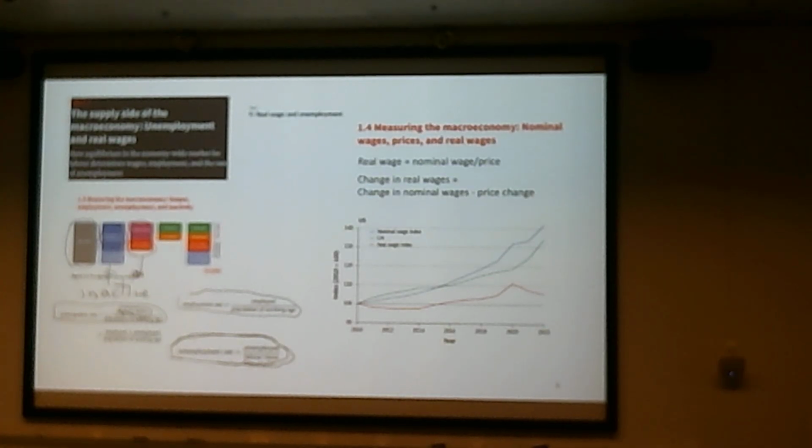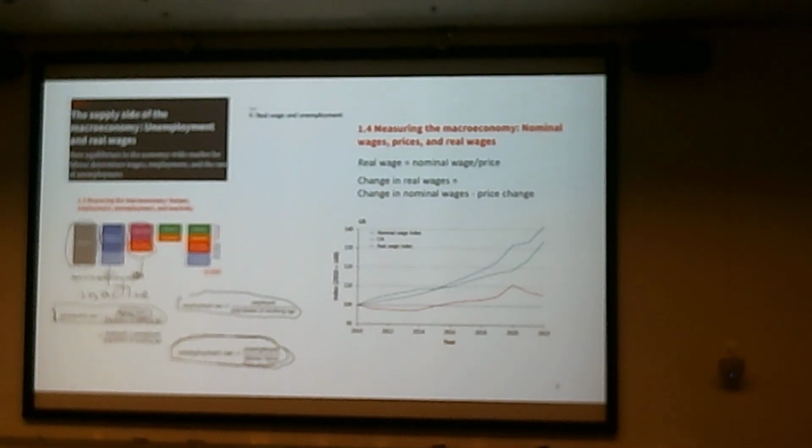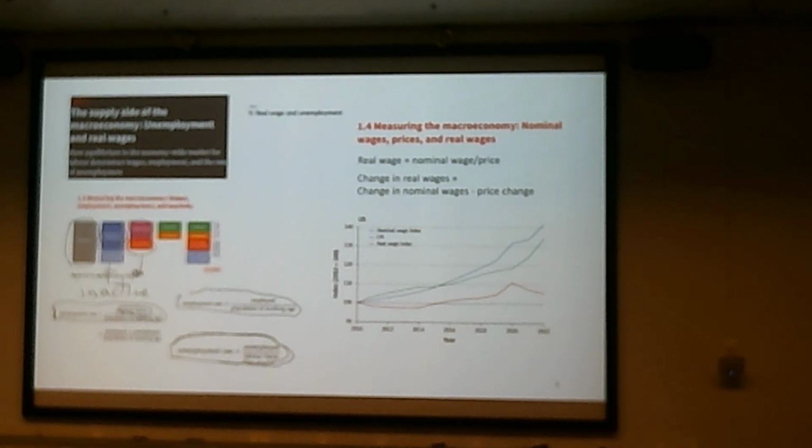So this is important to understand the difference, and also one reason why we use participation rate or employment rate is that people can go out. To put it like this, the unemployment rate could go down, but it's maybe not always positive, because they can go to the inactive part.